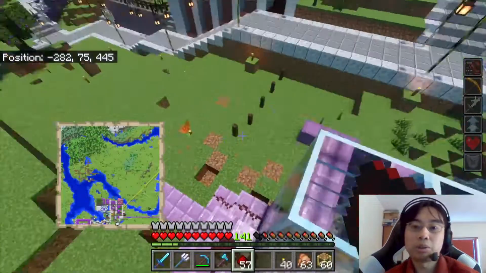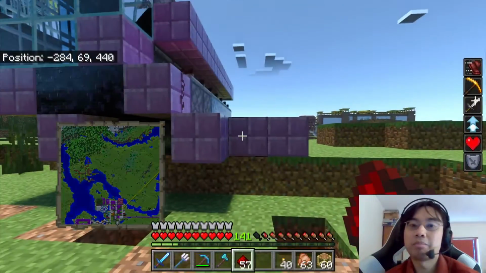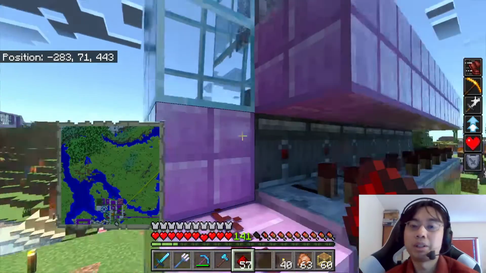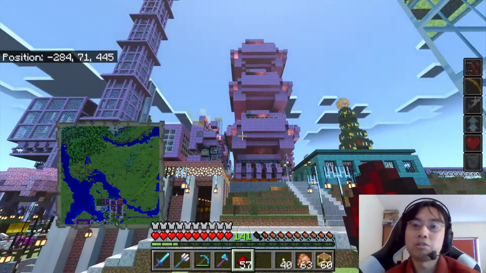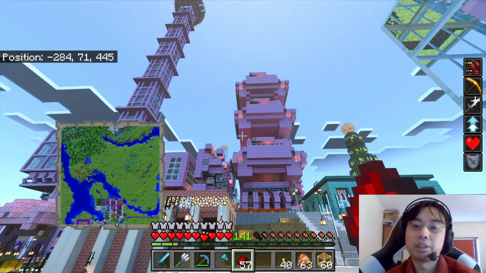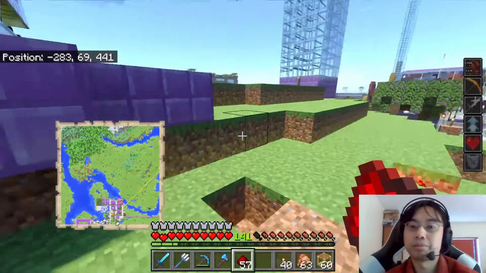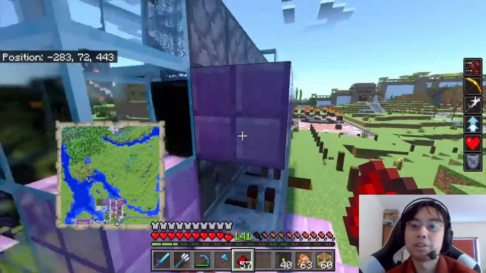And then redstone blocks. So I need to design this so it fits into that space, is the issue. And there's not that much headroom to work with.